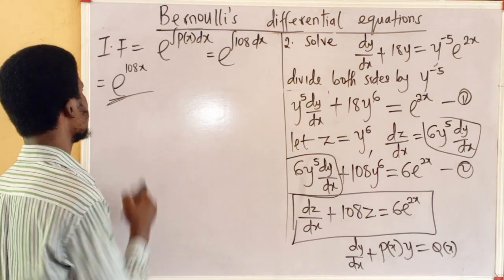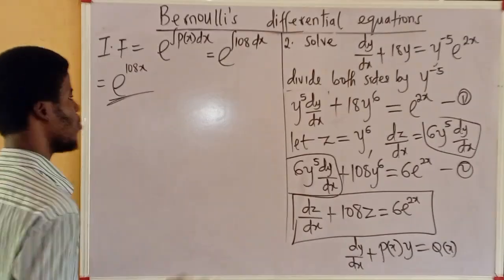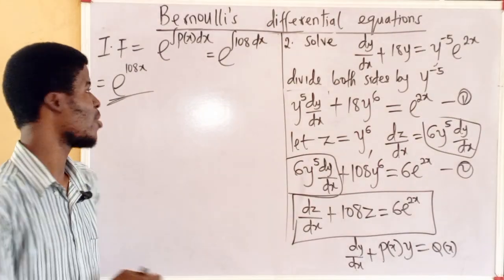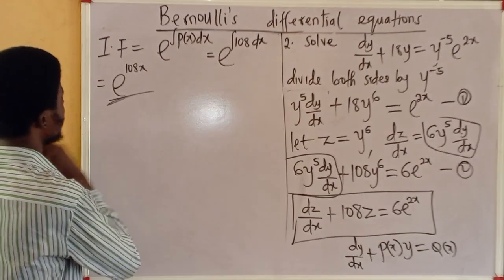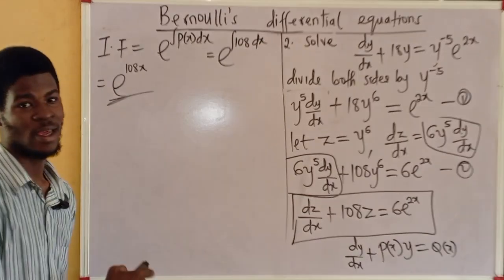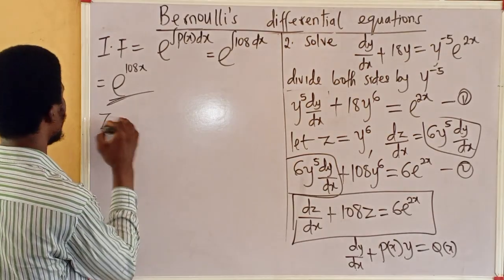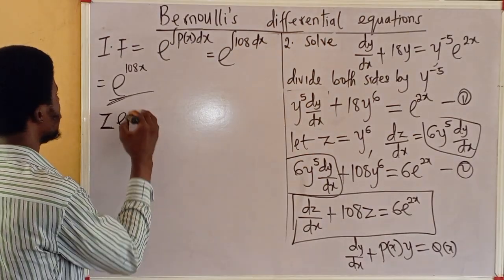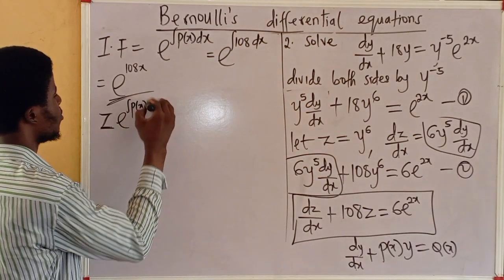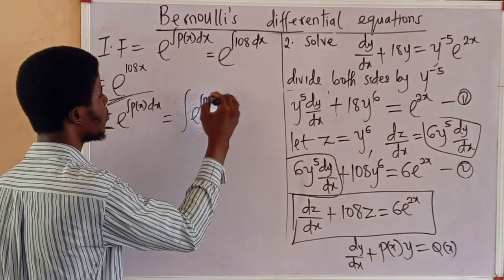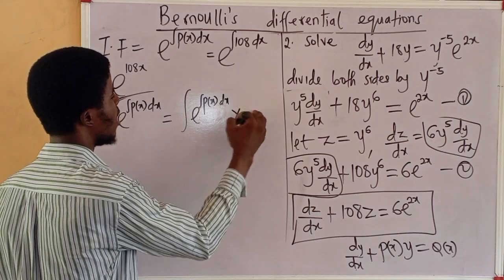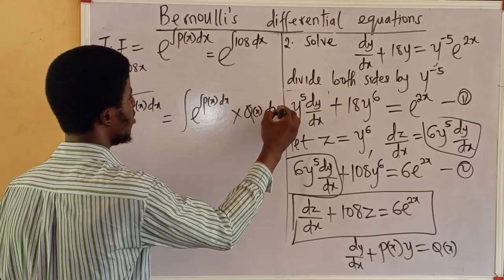So we'll now plug this integrating factor into our popular formula. I'm saying popular because we have been using it over and over again. That formula is, in terms of z and x now, z times the integrating factor equals the integral of the integrating factor times q of x dx.